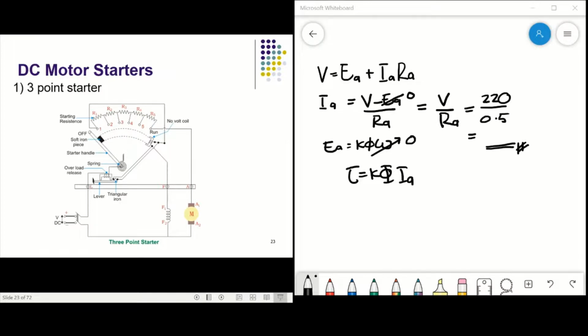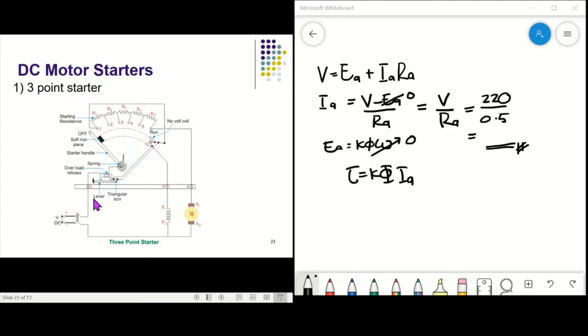During starting, full resistance is added in series with the armature circuit. Then, as the lever is moved further, the resistance is gradually cut off from the armature circuit. Now, as the lever reaches point 6, this is point 6 and this point is run, all the resistance is cut off from the armature circuit and the armature gets directly connected across the supply.